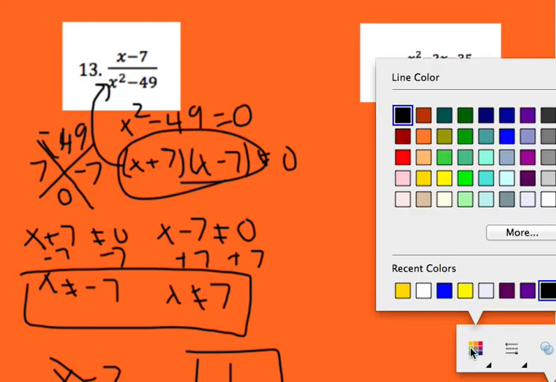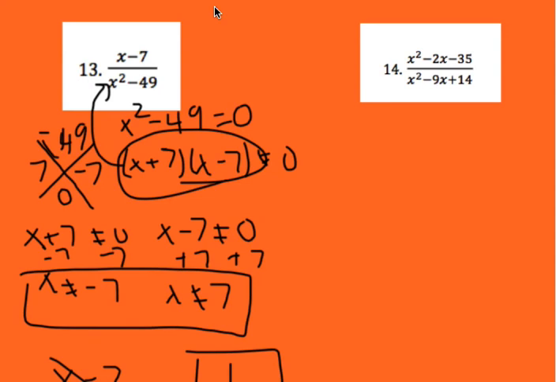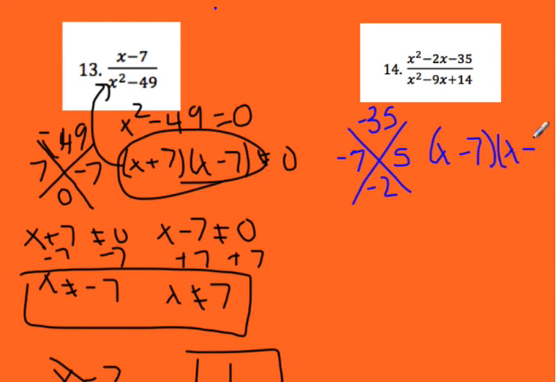So taking a look at number 14, I see that I have a quadratic in the top and the bottom. So I'm going to have to actually factor both. Let's start by factoring the top. We're multiplying to negative 35 and adding to negative 2. That's going to be negative 7 and positive 5. So the factors of the top are x minus 7 and x plus 5. Now, factoring out the bottom, I'm multiplying to a positive 14 and adding to a negative 9.